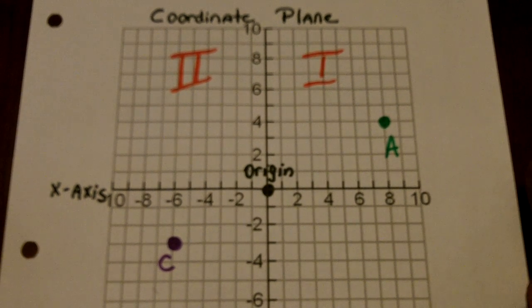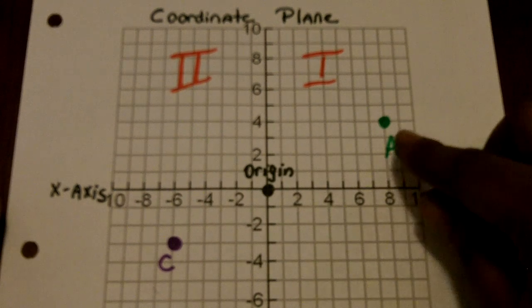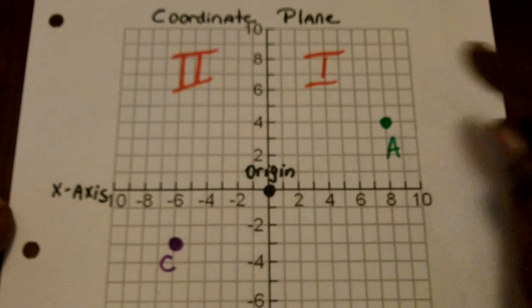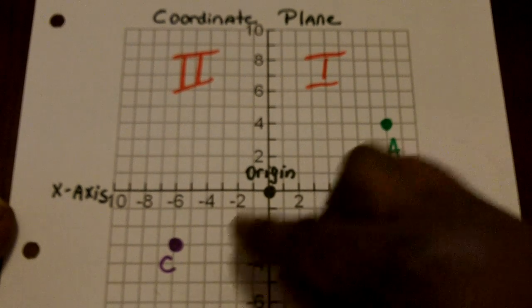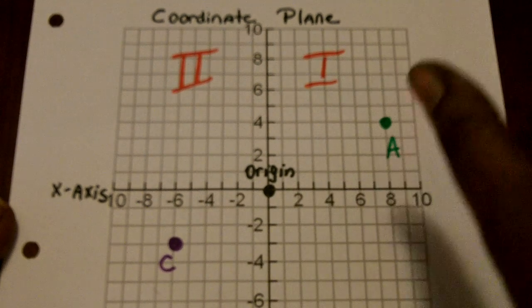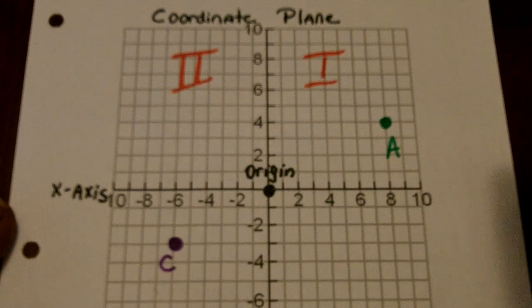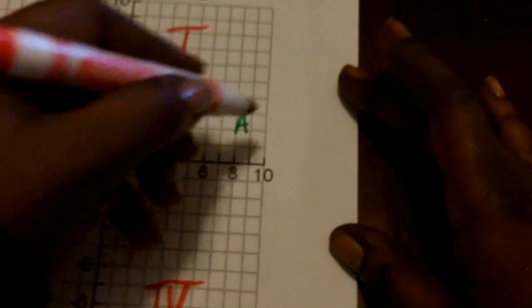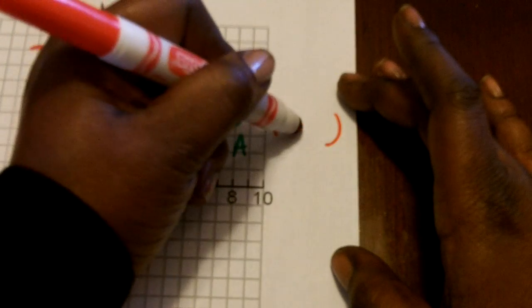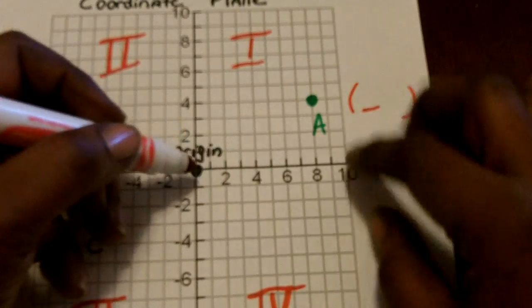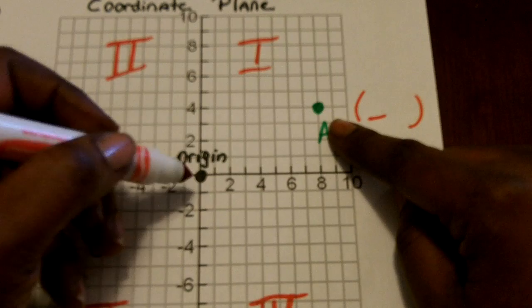First, I'd like to talk to you about how to identify a point's location on the coordinate plane. Well, remember, the point's location can be written as an ordered pair, where the x is the first number, and that's going to tell you what direction you move from the origin to where that point is at.